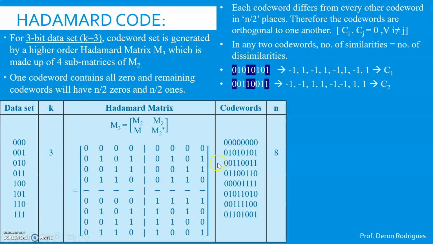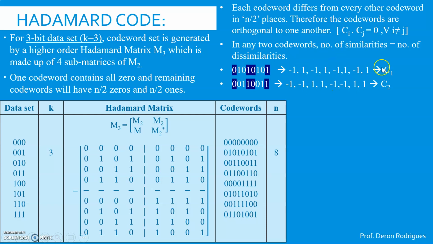So we have taken two code words, C1 and C2. There are 4 similarities as highlighted here. 4 bits are similar and 4 bits are dissimilar. Because of this, when I convert them into the bipolar form, 0 is represented as -1 and 1 is represented as 1 only.